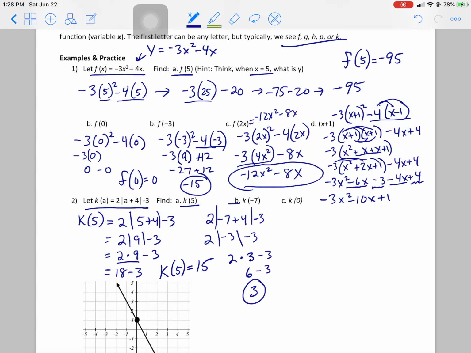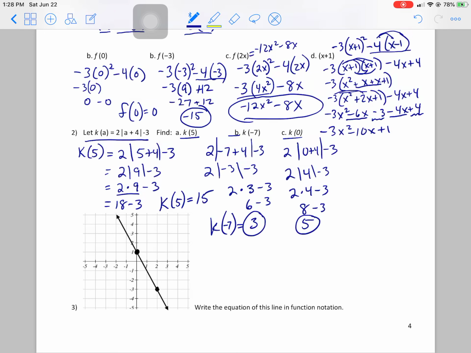No, wait, when a is negative 7, sorry. All right. What happens when it's 0? So 2, 0 plus 4, that's the same as 2 absolute value of positive 4, which is 4. So that's a 5. Oops, that's it for those.